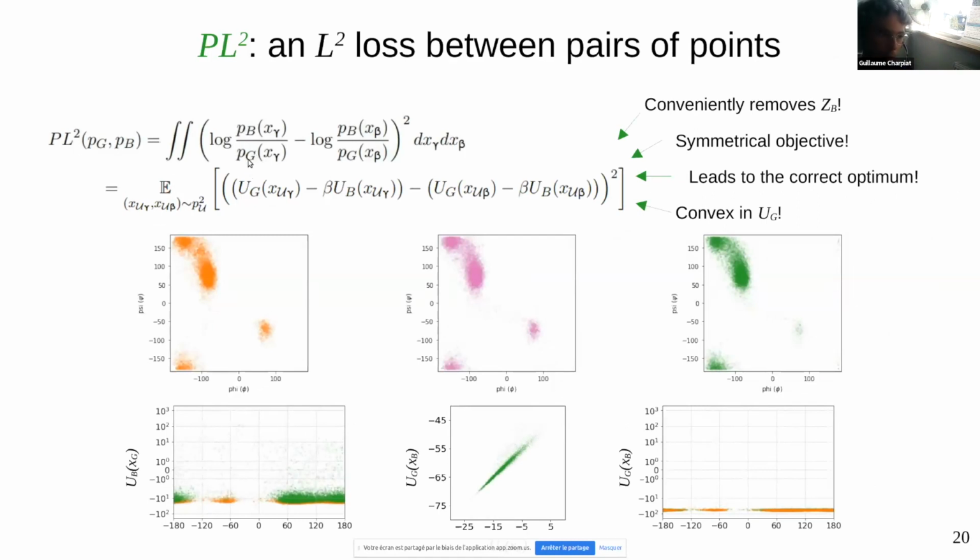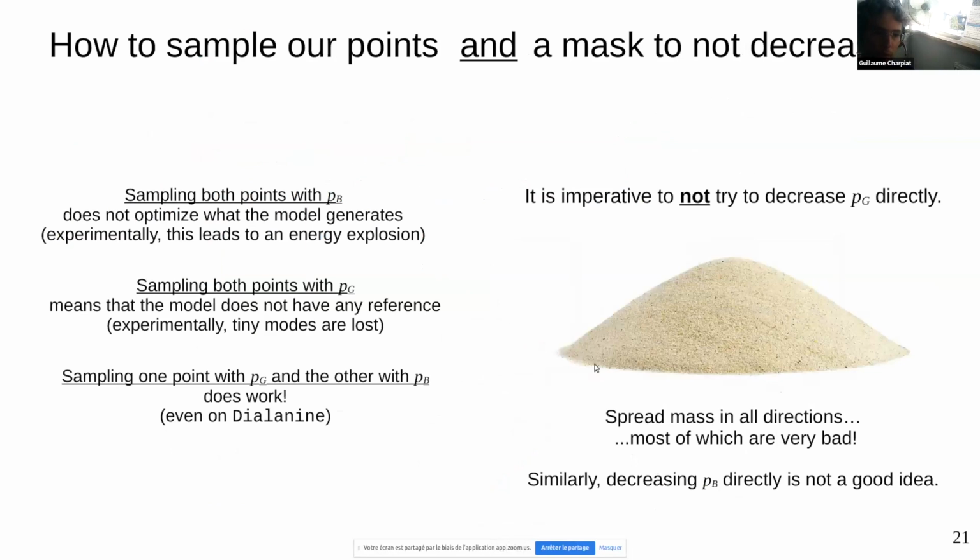And if at some point we ask PG to decrease because this PG is too high compared to the target PB, then what's going to happen in practice is that, imagine that this is a PG distribution and we have a bit too much. I suppose you see my mouse. And you ask the PG quantity at that particular point to decrease.